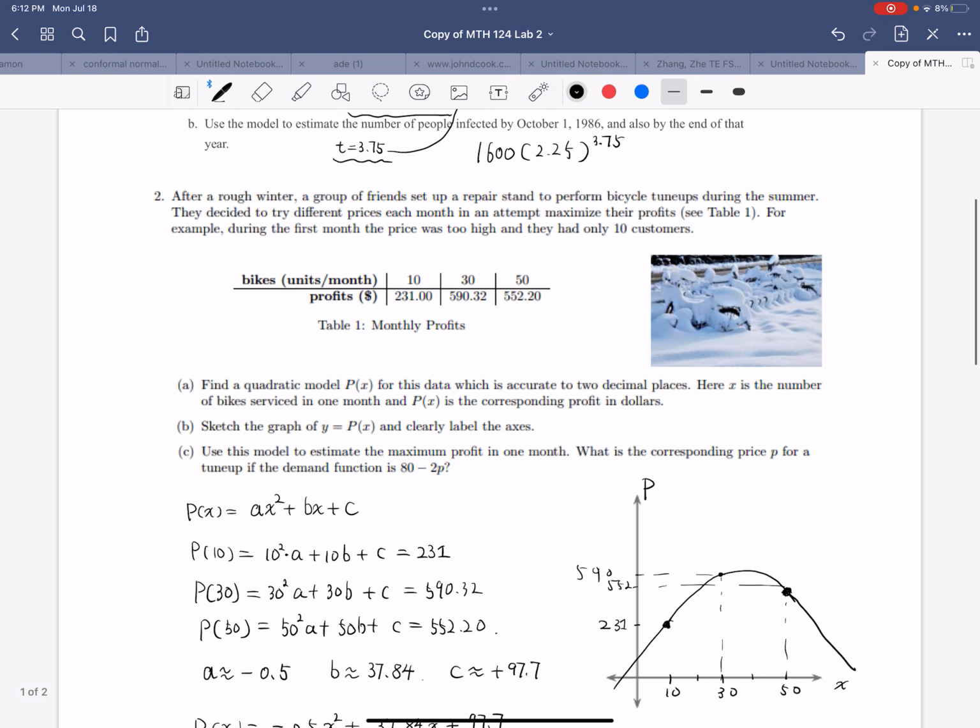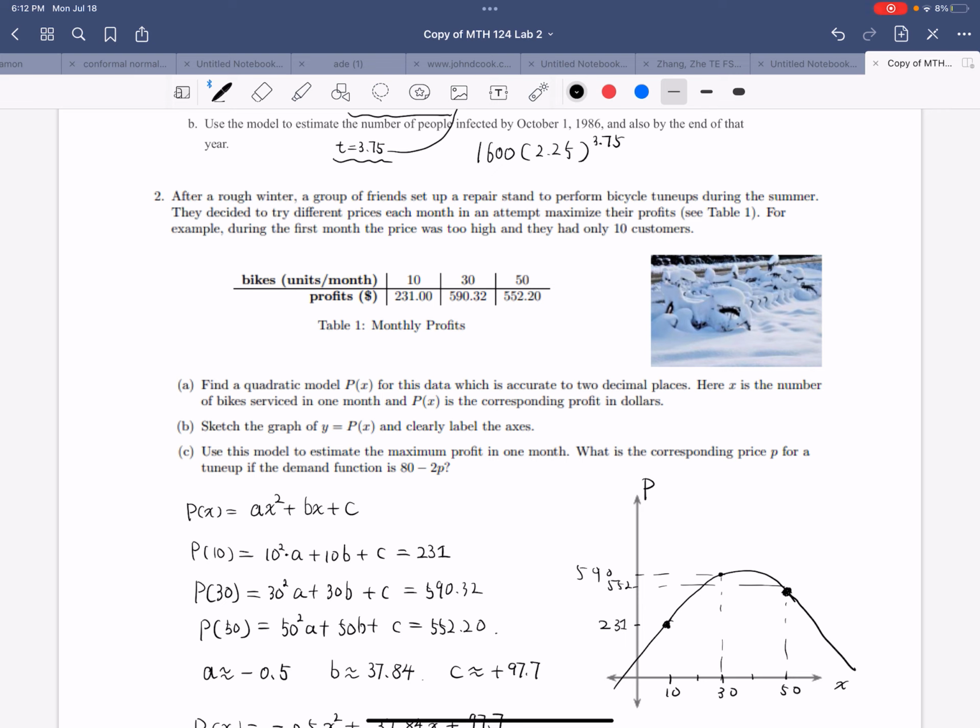And then the next question is about the quadratic model. A group of friends set up a repair stand to perform bicycle tune-ups during the summer, and they try different prices each month to maximize their profit. The table is a relation between the profit and the demand of the bags each month, and their relation satisfies a quadratic model.